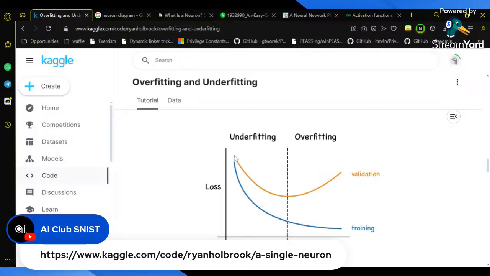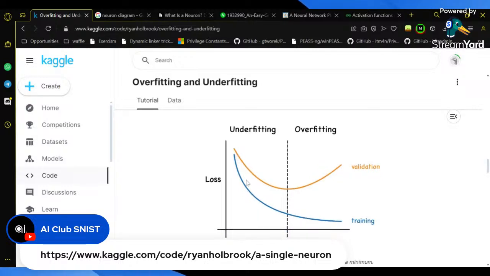Now see over here, the validation loss is decreasing till here, and then it started increasing. But look at over here, my training loss decreased till here, and it went on decreasing, but my validation loss is increasing.